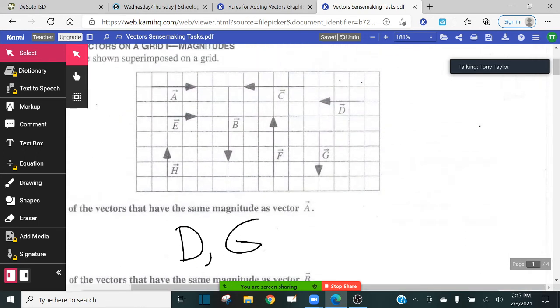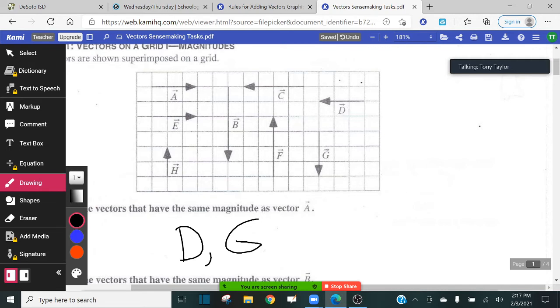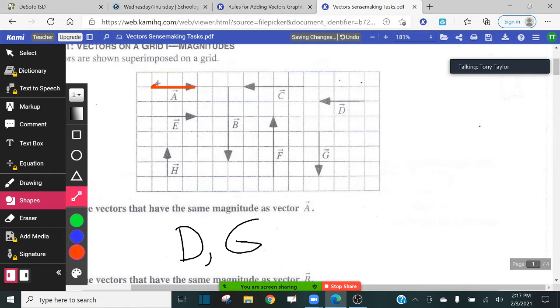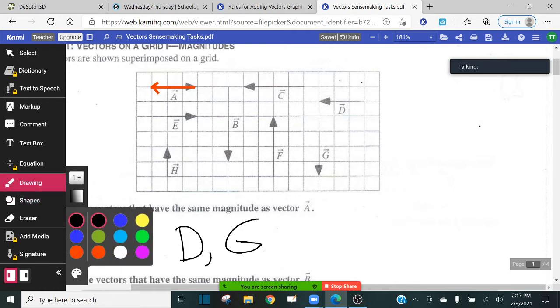Think about what negative A means. Remember what we said? A negative vector means you just flip it. It's a mirror image. So if this right here is the vector A, then this vector that I just drew in red is the vector negative A. Negative A points in the opposite direction, because negative means you just flip your direction.